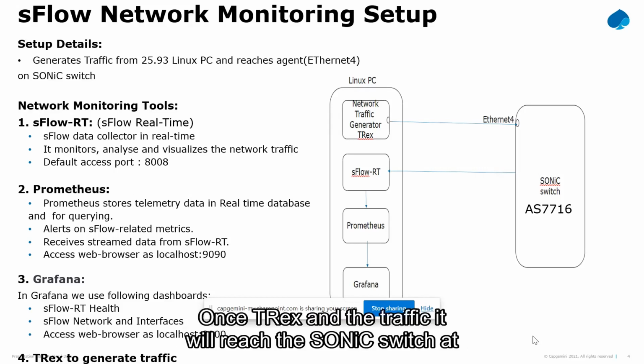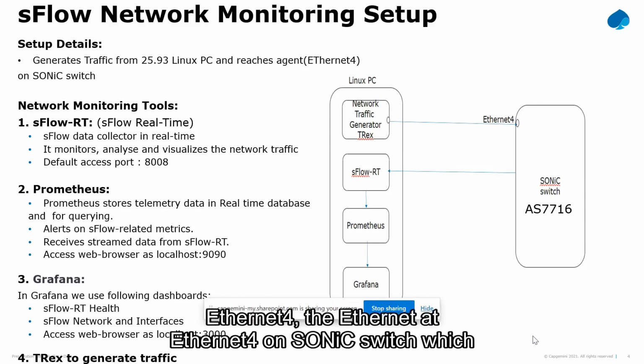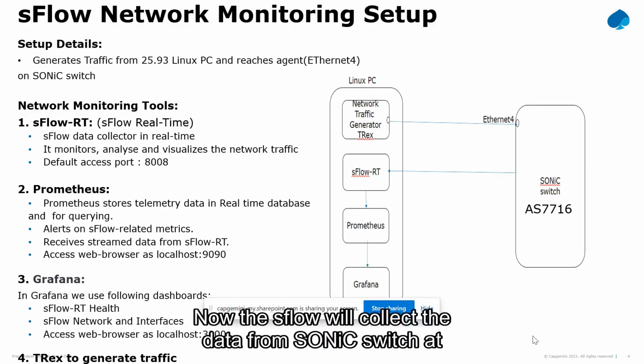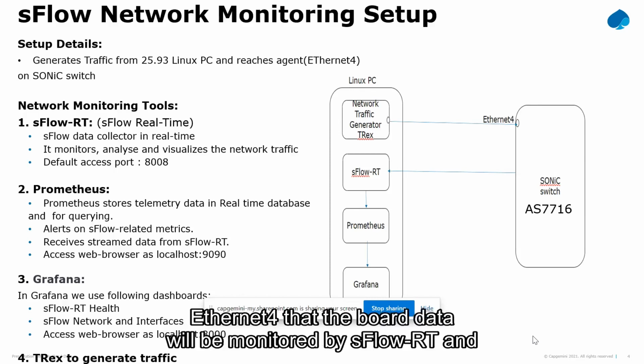Once T-Rex sends the traffic, it will reach the Sonic switch at Ethernet 4, where the sFlow agent is configured on the Sonic switch. Now sFlow will collect the data from the Sonic switch at Ethernet 4.